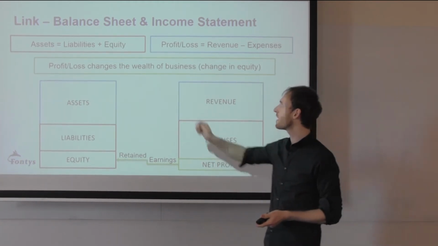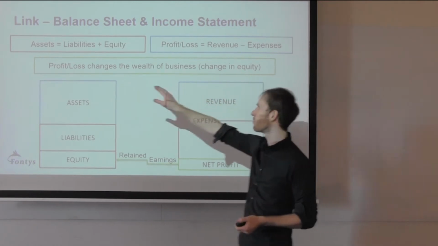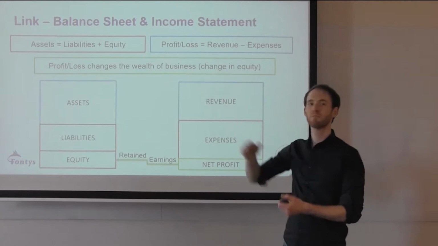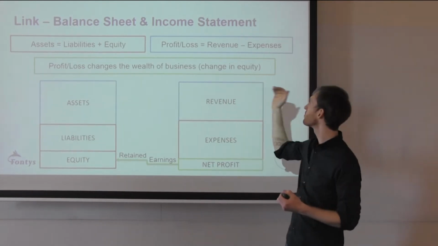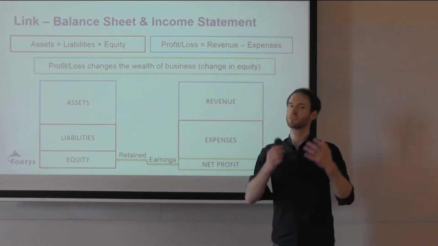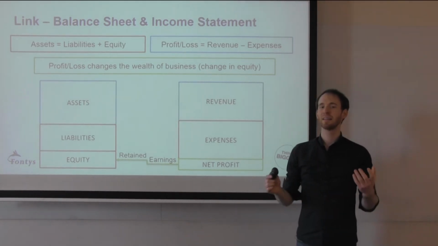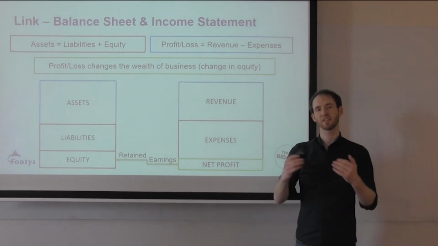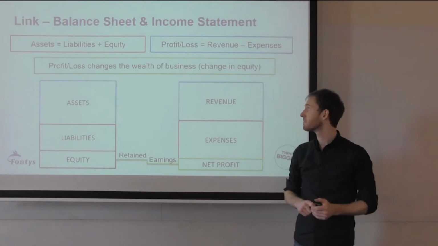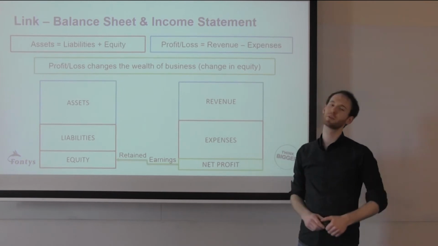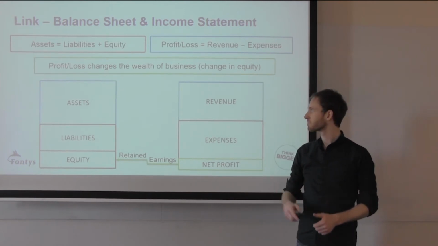So you see then, if we take it together, we would have assets equals liabilities plus equity plus profit, or plus revenues minus expenses. And this is the new equation that we use. And in the end, this makes it easier for you to classify where things are actually happening. And that is the connection between balance sheet and income statement.